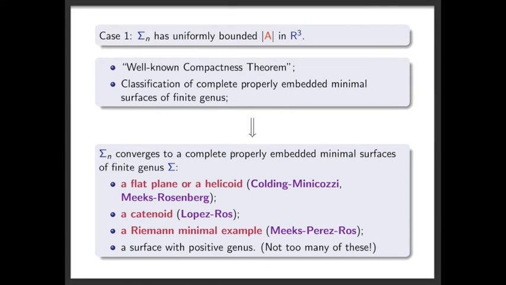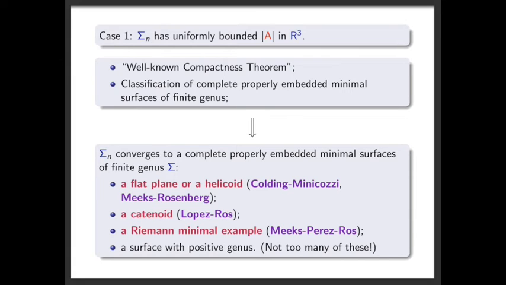Sigma n converges to a complete properly embedded minimal surface of finite genus. When the genus is 0, you have these 3 bullets: a flat plane or a helicoid, a catenoid, or a Riemann minimal example. Else, it's a surface with positive genus.